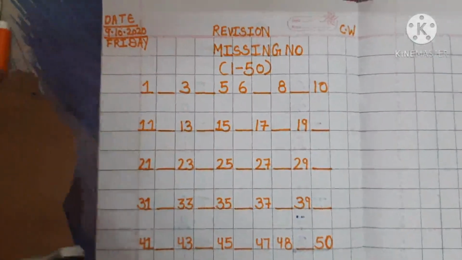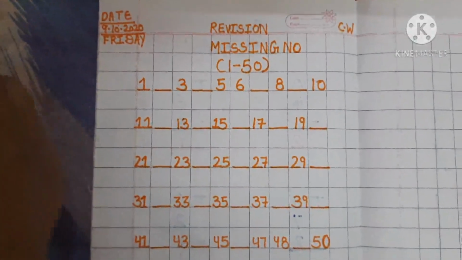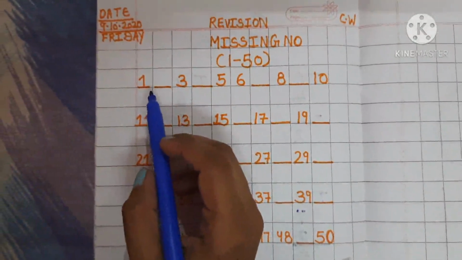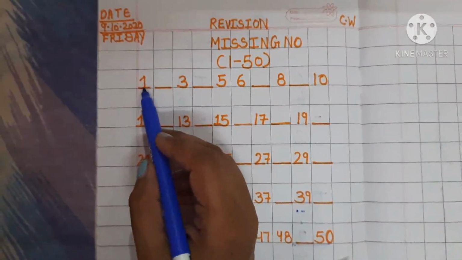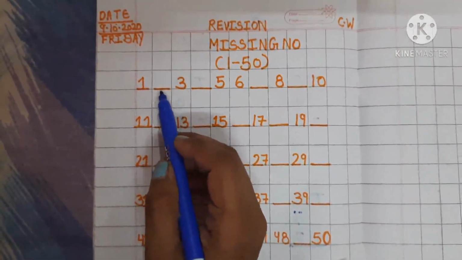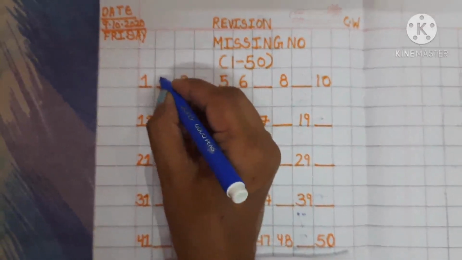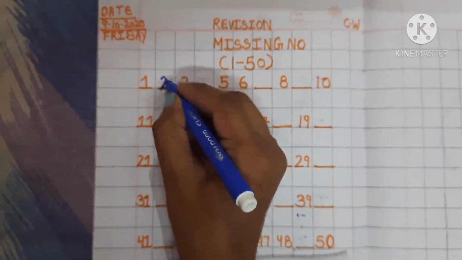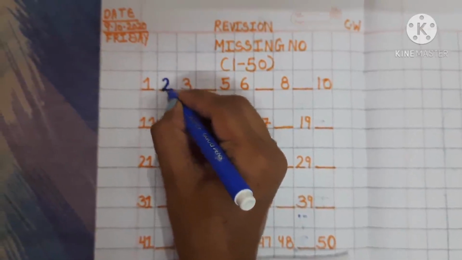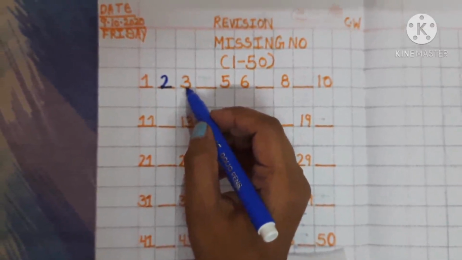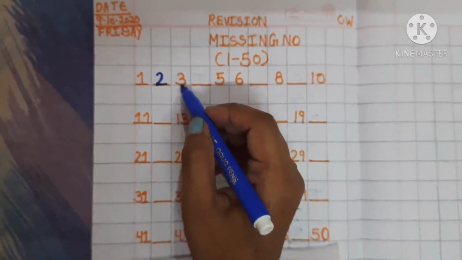Okay class. Now first here, 1 after what is the missing number here? 2. So you have to write down 2. 2 after what will you write? 3.